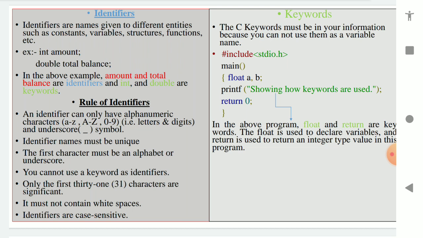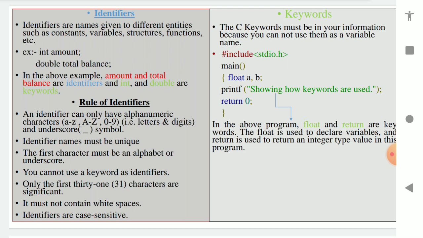The first character must be an alphabet or underscore. You cannot use a keyword as an identifier. Only the first 31 characters are significant. It must not contain white space. Identifiers are case sensitive.